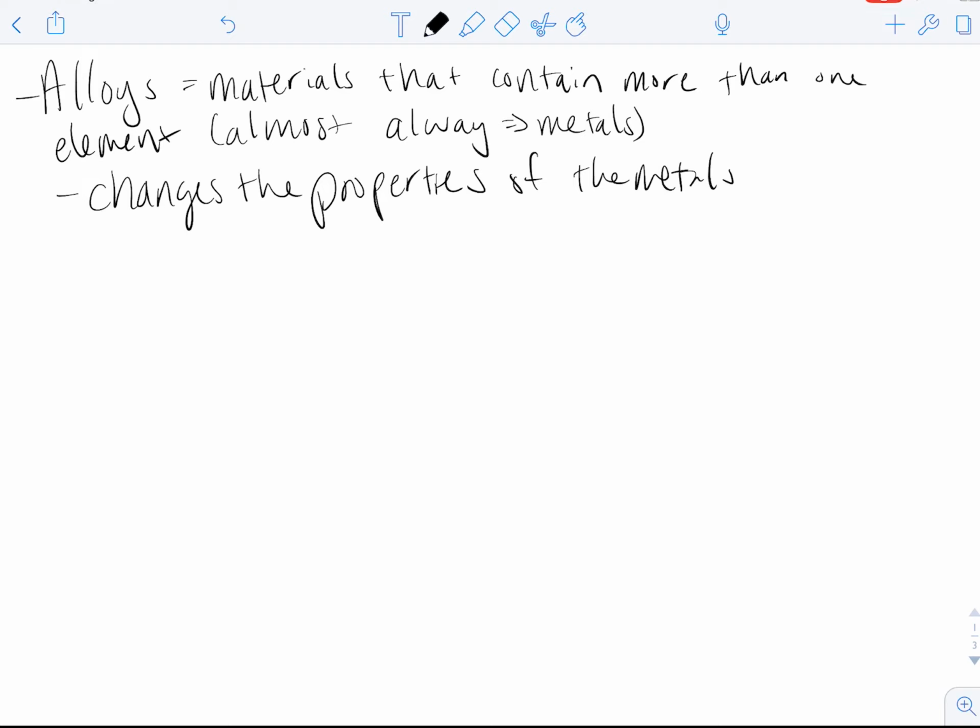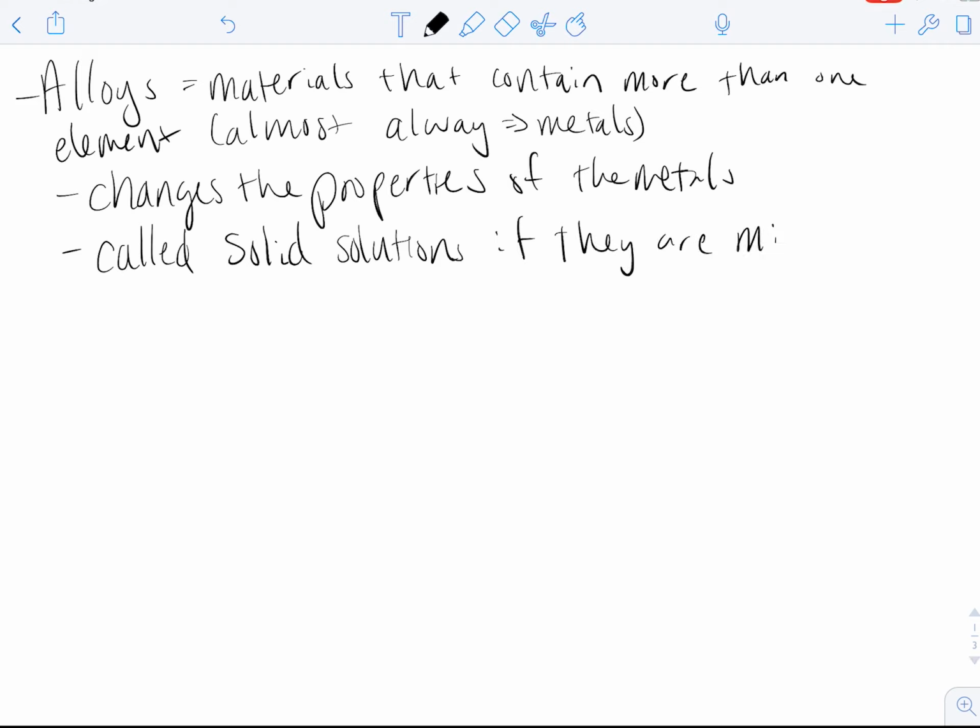A lot of alloys are called solid solutions, if they are mixtures. We're going to look at an example of what's called an intermetallic compound, which kind of goes under the umbrella of alloys.